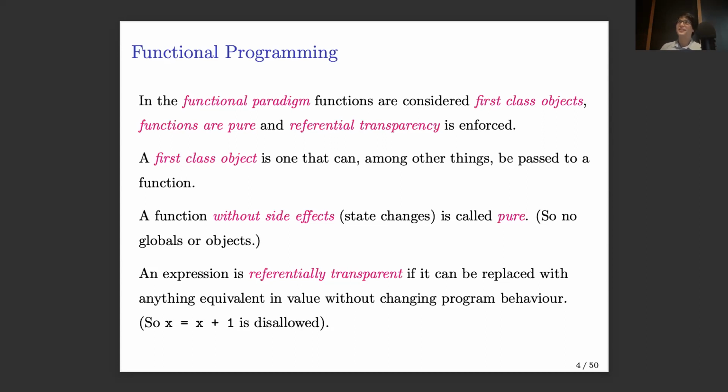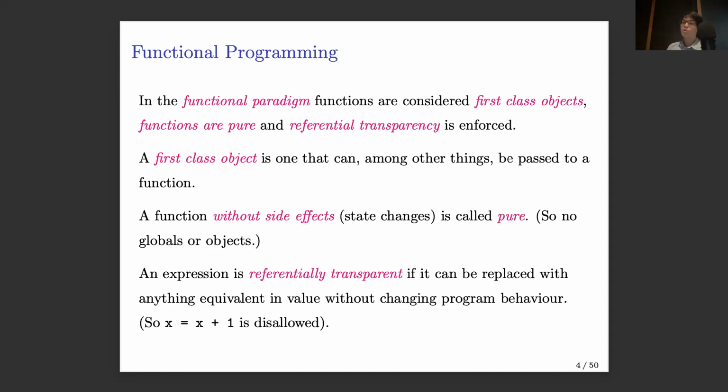You can't have the parabola be upside down on Tuesdays. F of x is going to be the same f of x whenever you evaluate it, which is not the case with our functions. Our functions in Python can have a parabola which is upside down on Tuesdays, but that wouldn't be a pure function. That's a function, but it's context-aware and has side effects. So no side effects, which means no globals, no objects.